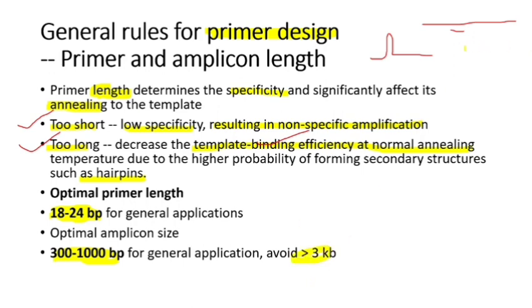So the amplicon, the product we need to get after the PCR, also should be in this range, 300 to 1000 base pair. Avoid more than 3 kilo base pair. So the primer length should be 18 to 24 base pair, and the optimal amplicon length should be 300 to 1000 base pair. This is the first thing you should understand while designing a primer.